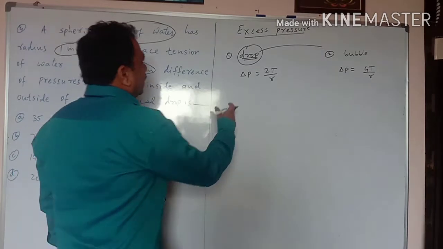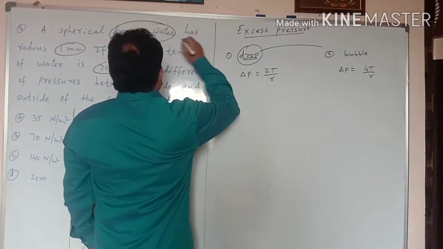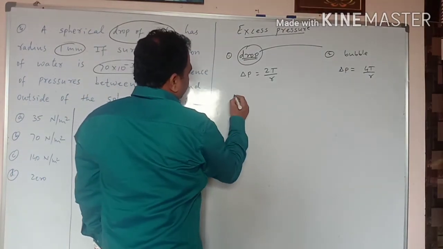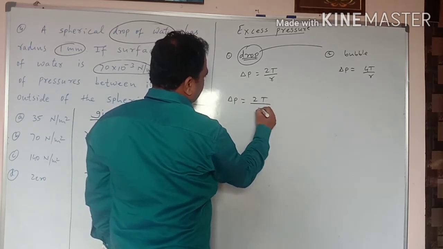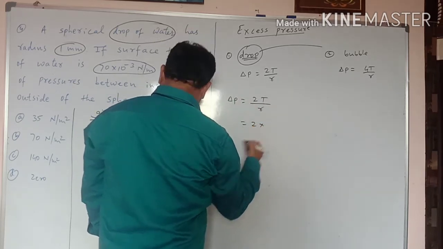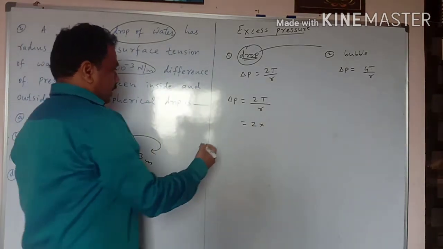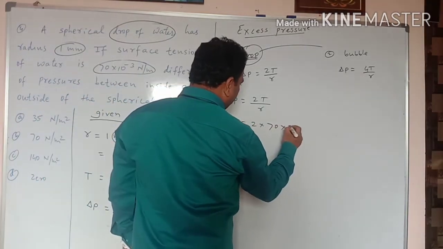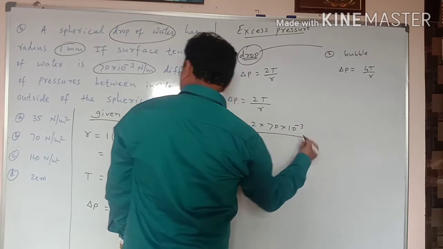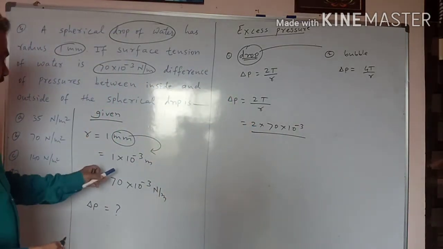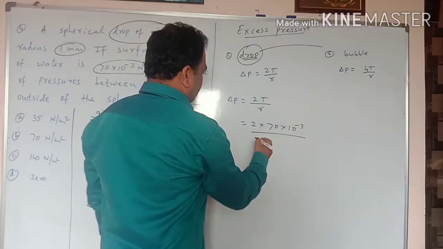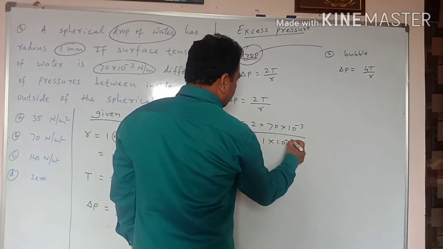Now to calculate the excess pressure for the liquid drop, we put in the given things: 2 multiplied by the surface tension, which is 70 into 10 to the power minus 3, upon the radius of that water drop, which is 1 mm, that is 1 into 10 to the power minus 3.